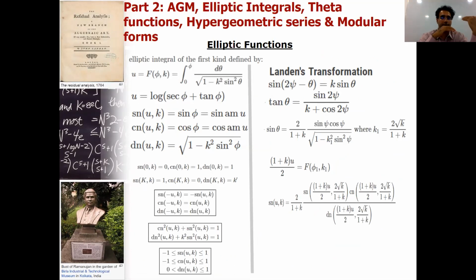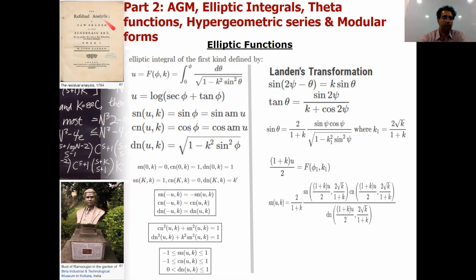We saw elliptic integrals of the first kind and second kind, and then there is a further generalization of elliptic integral called the elliptic function, where we define something called u, which is log of secant phi plus tan phi. The reason we generalize the elliptic integral into an elliptic function is so that we can use some of the more general forms, and you can form relations between them, which will be useful for modular equations.